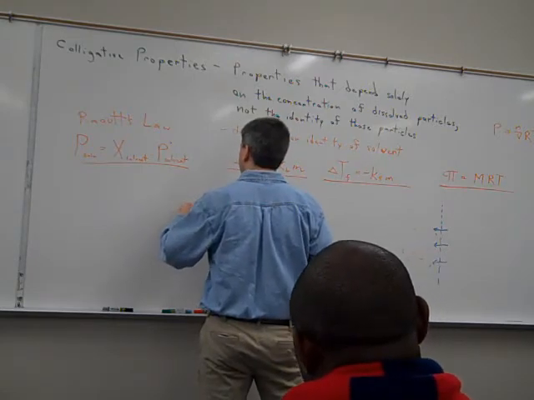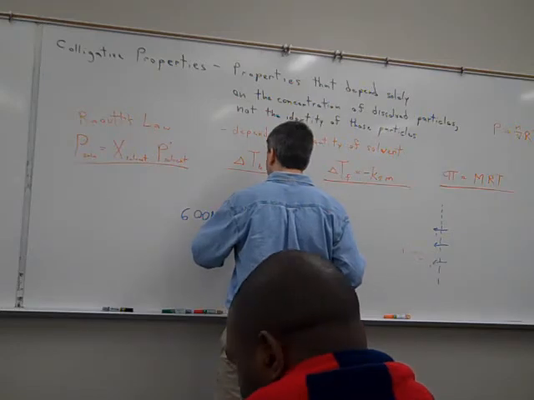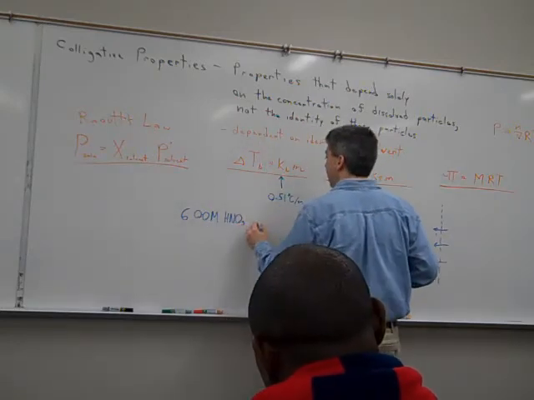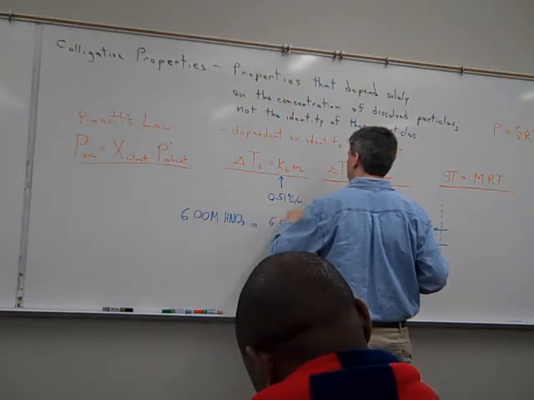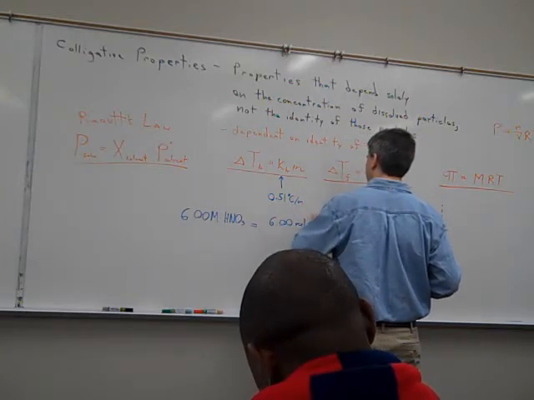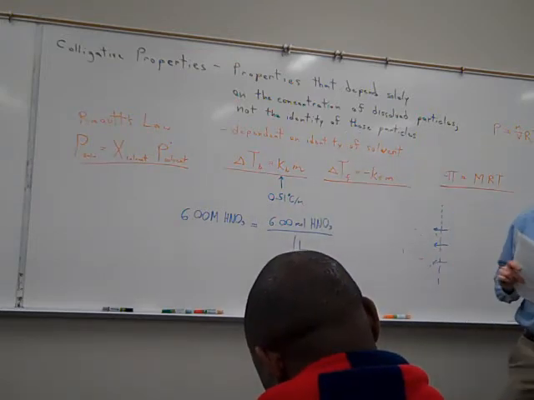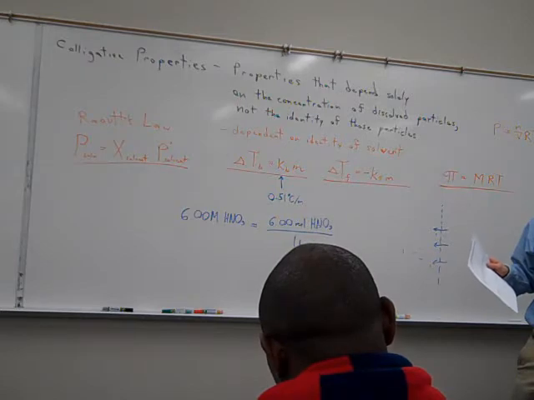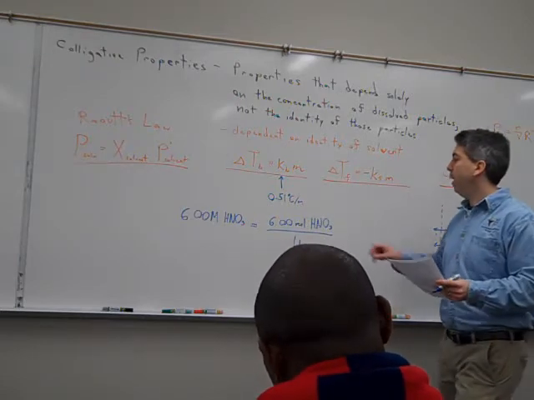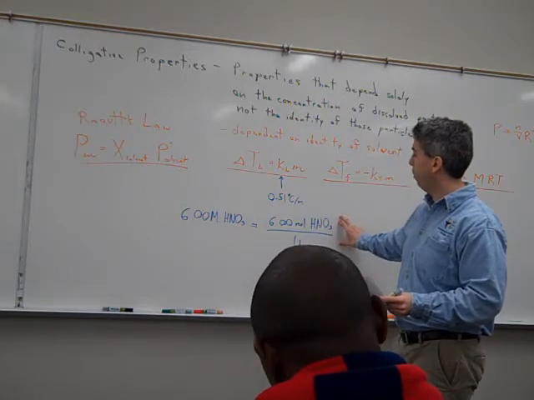Would you agree that if I say we have 6 molar HNO3, that effectively means that we have 6.00 moles of HNO3 per 1 liter? You all agree with that? Yeah, so 6 molar, we break it up into its conversion form, 6 moles per 1 liter.